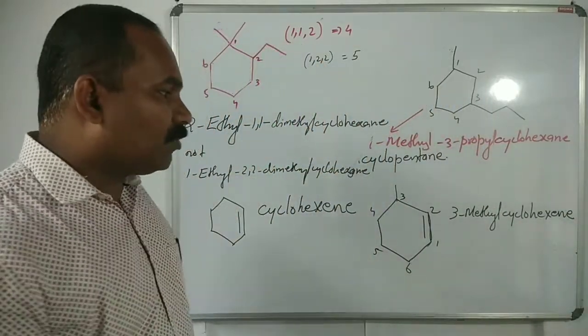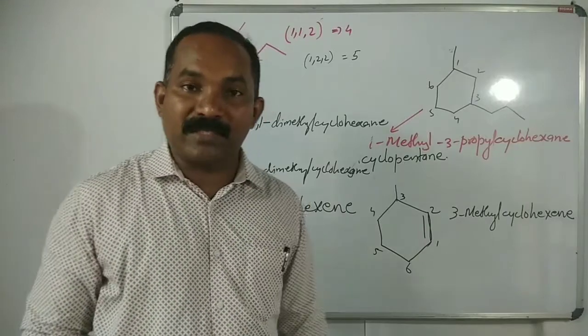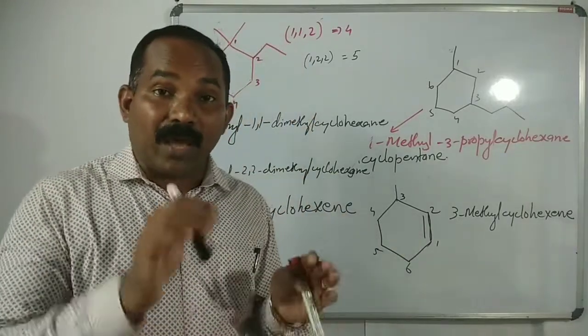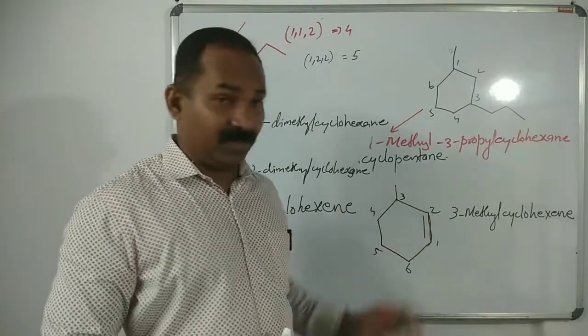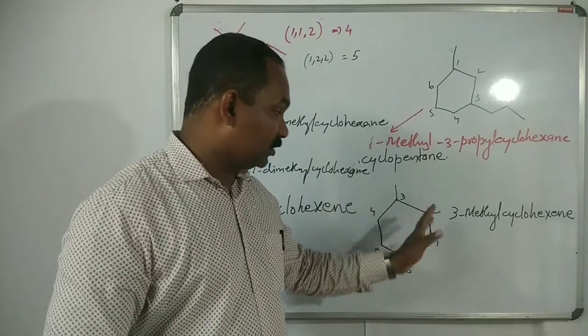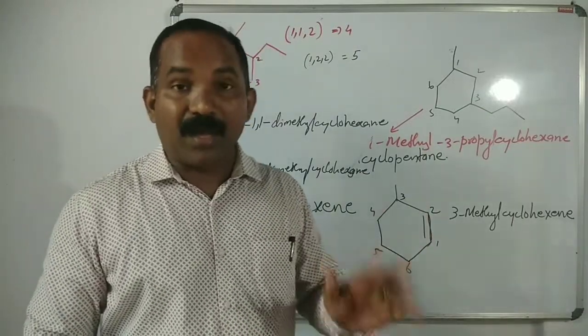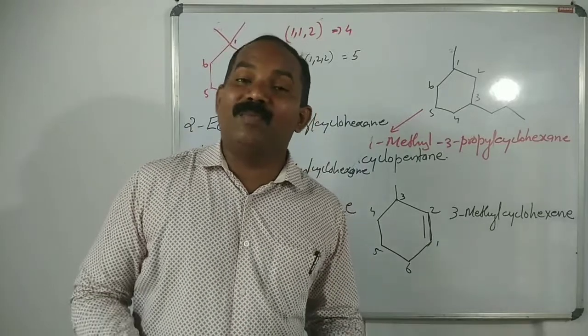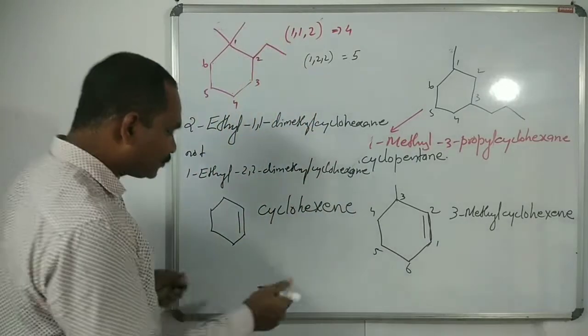Here you remember that the double bond gets the lowest possible number. And if 2 double bonds are there, you should mention the position of the double bonds.